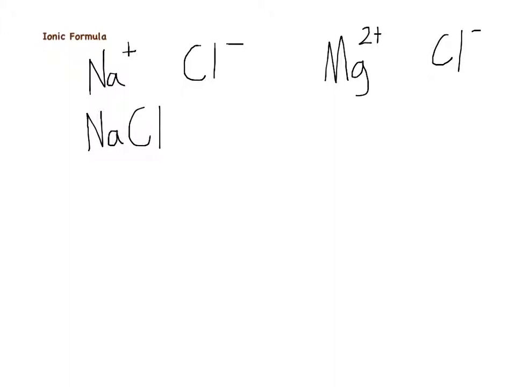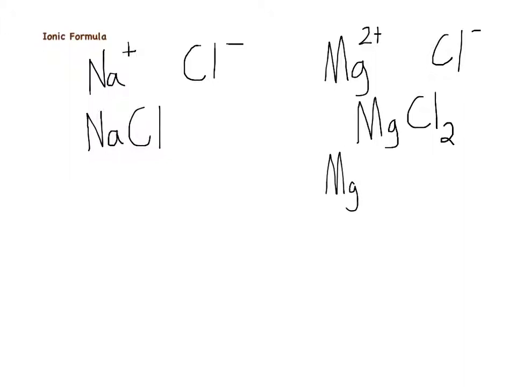So we're going to need twice the amount of the chlorides in order to cancel out the charge of the magnesium. So once again, we have 1 magnesium, and then for the chlorides, we're going to need 2 of them. Does that make sense? So the magnesium is a 2+, and the chloride only has a negative charge. But if we have 2 chlorides, the overall charge will be -2.